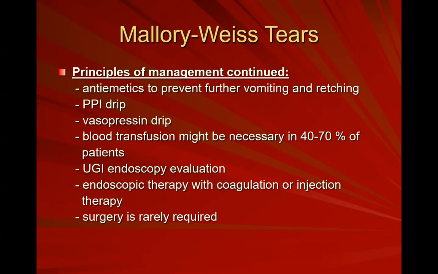Also, one of the important things to stop the bleeding is the PPI. Why is that? Because gastric acid might complicate the current bleeding and lead to further bleeding, as in peptic ulcer disease. That's why they give a PPI drip, usually 8 milligrams per hour as a continuous infusion. What else? Endoscopic evaluation and endoscopic therapy later on, and surgery is very rarely required.